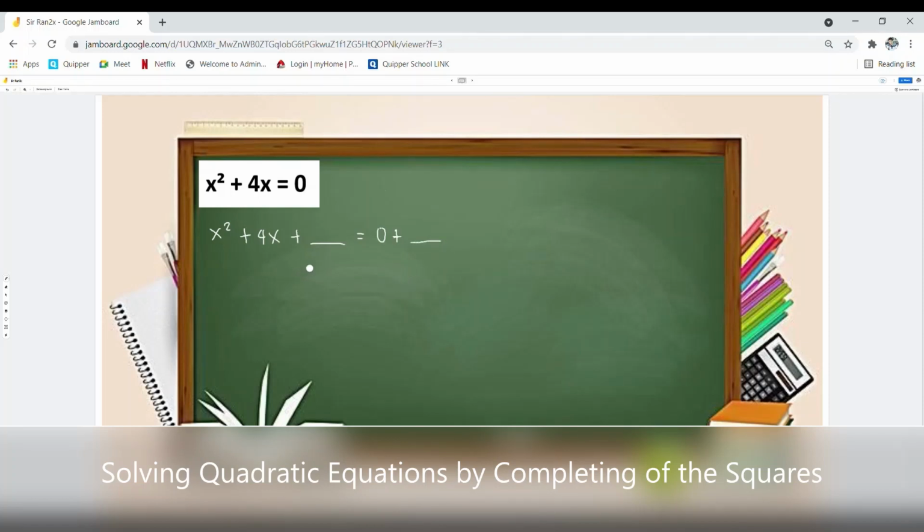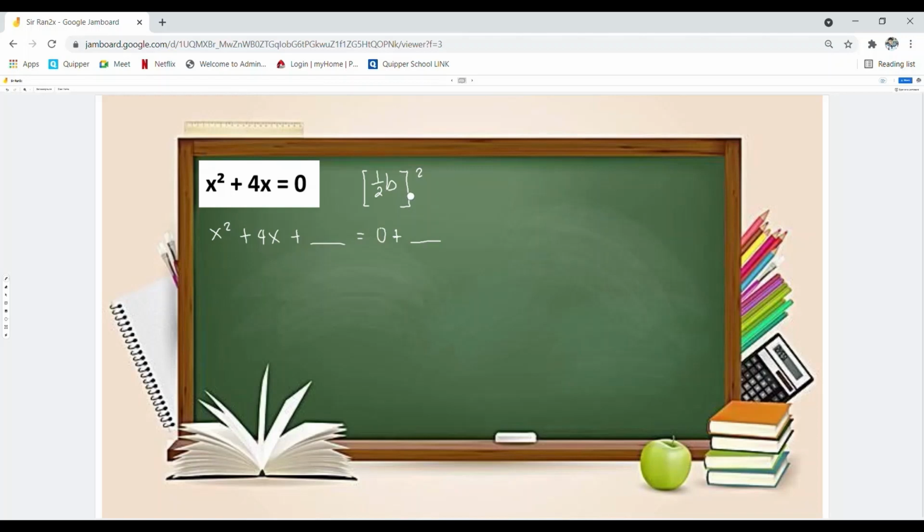So what are we going to do so that we can fill out this blank? Okay, if you can recall, we have that formula (1/2 of b) raised to the power of 2, meaning we can get the third term by simply getting 1/2 of b, then we have to square it. Here our b is 4, right?